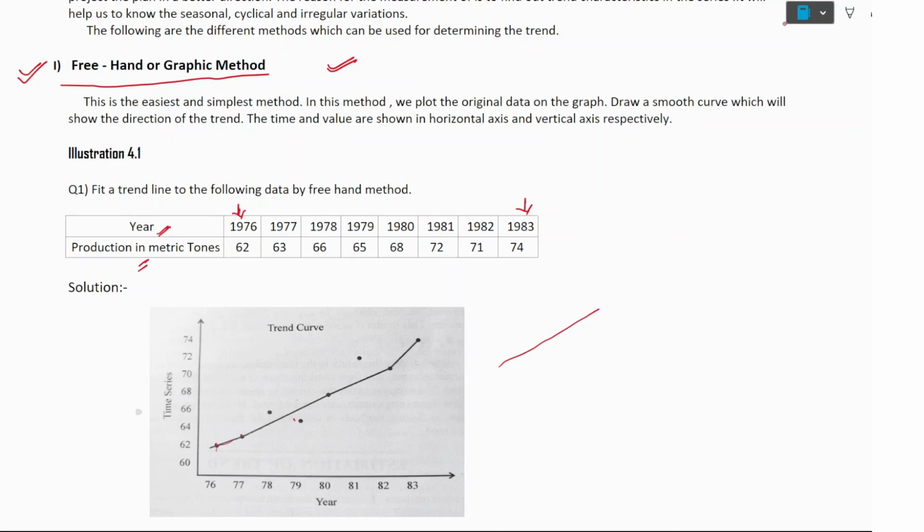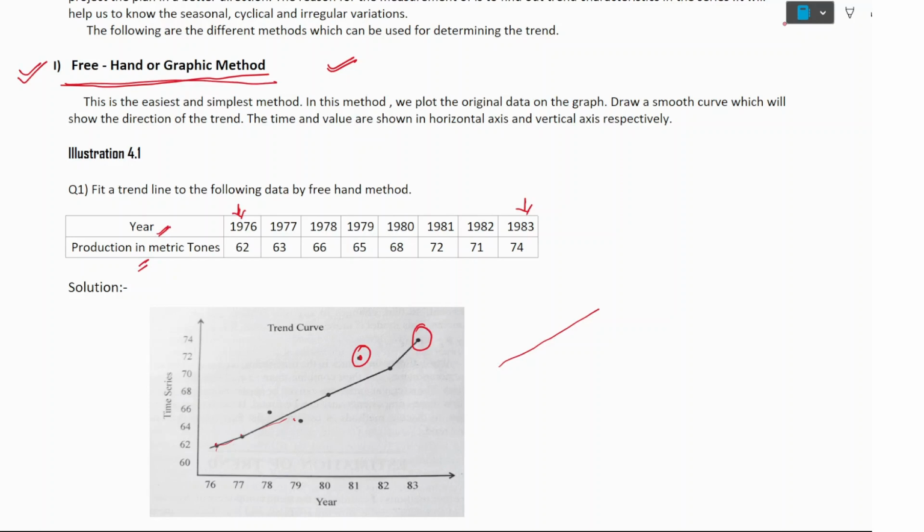This is a normal line which is going up. In particular, in 81 it went to 72, but in 82 it came down. That means they can make out that here it is a boom, and then it is increasing again. Therefore, this is called the freehand method to analyze the data or find the trend. So the first type is the freehand or graphical method.